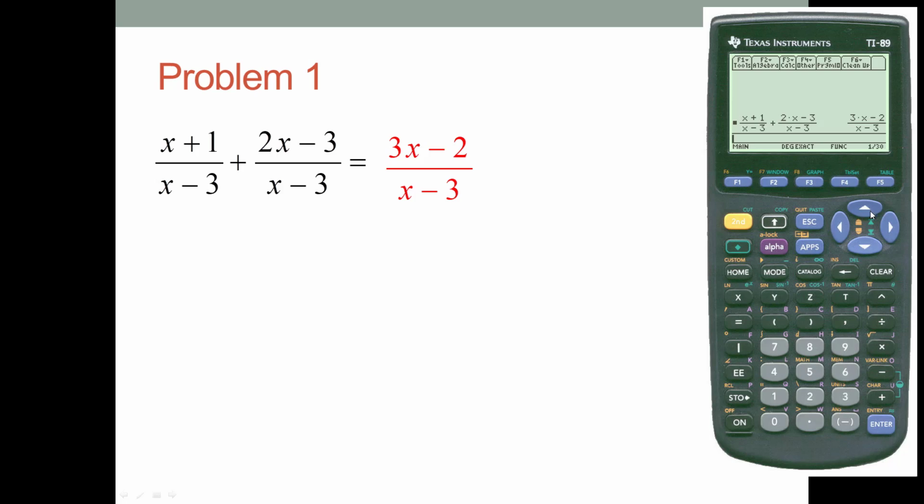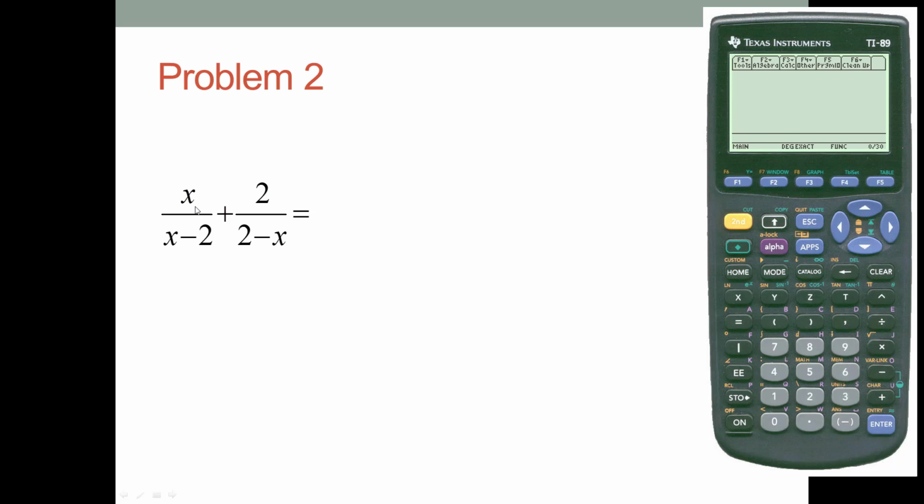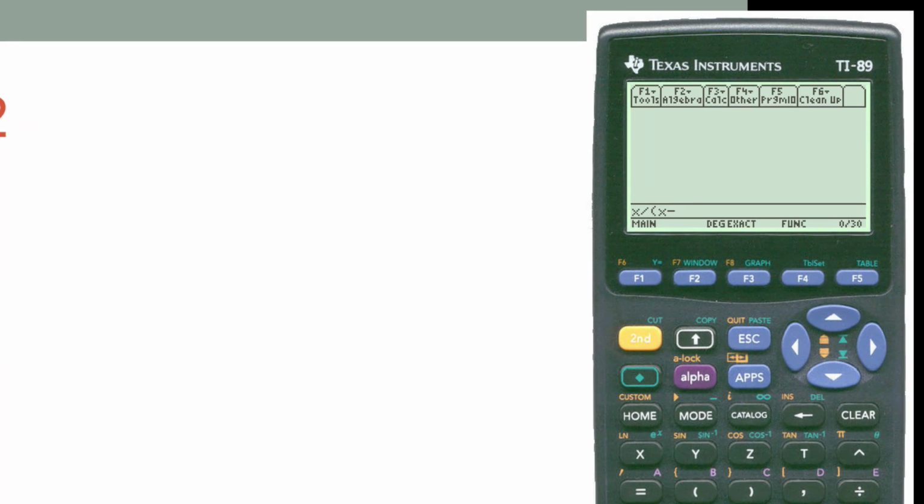Let's clear this. Go to problem 2. You've got x over x minus 2 plus 2 over 2 minus x. The denominators are almost the same, just like we did in the other video, and we have to make an easy change to fix it. On the calculator, we can just enter it here. So this will be x divided by, or over, parentheses x minus 2 close parentheses, and plus 2 over, divided by, parentheses 2 minus x.